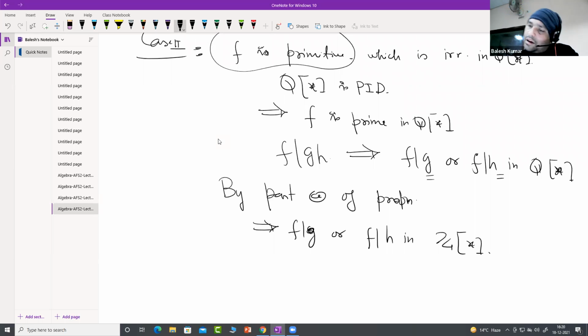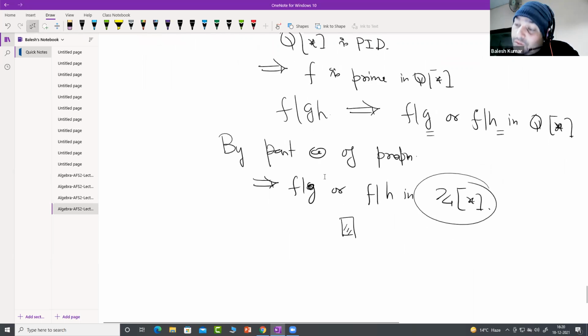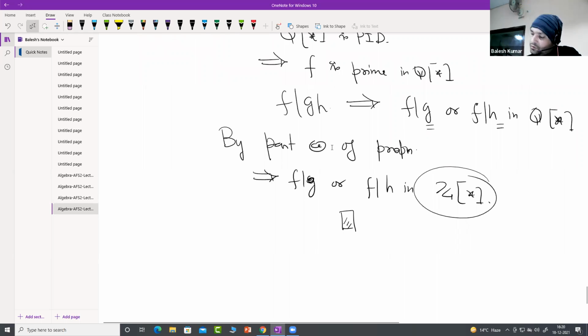So f is a prime element inside Z[x], and we have proven that every irreducible element inside Z[x] is a prime element, and hence Z[x] is a unique factorization domain.